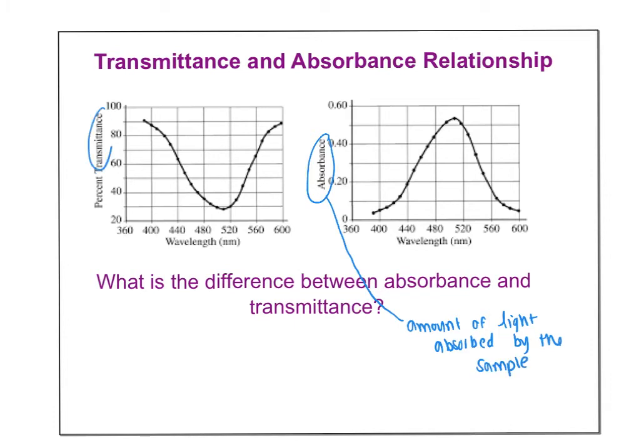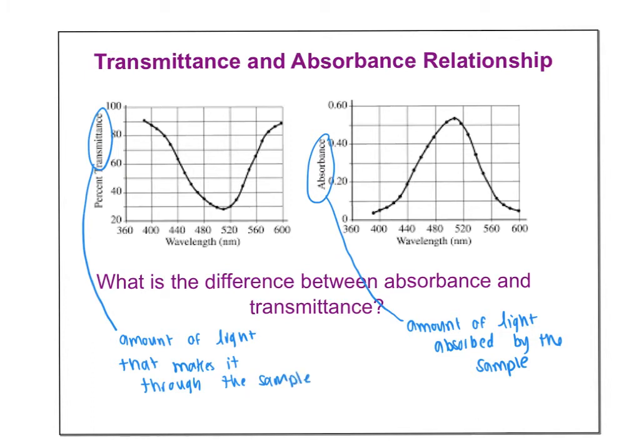Percent transmittance then must be the amount of light that makes it through. So some light is absorbed, some is transmitted.